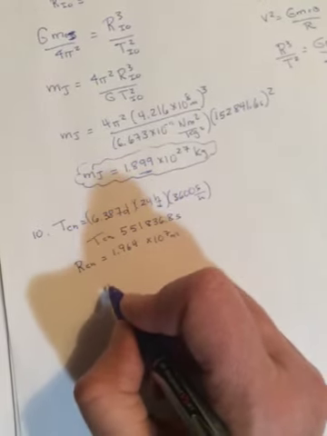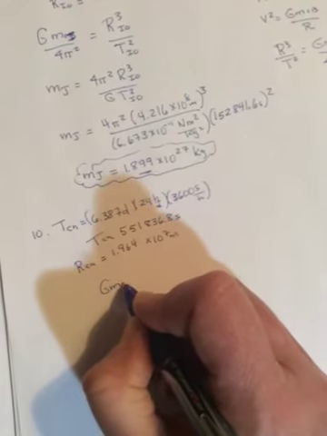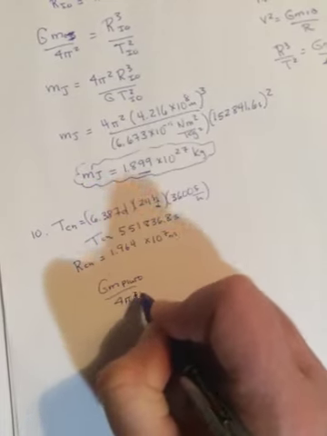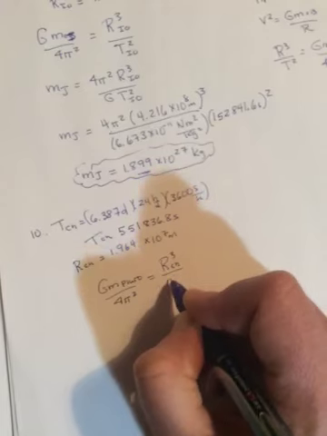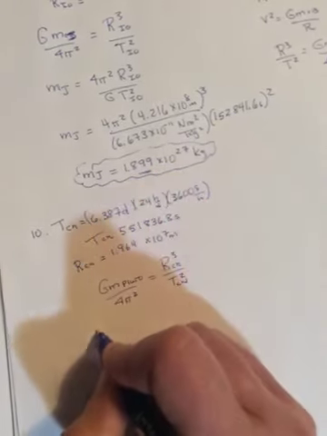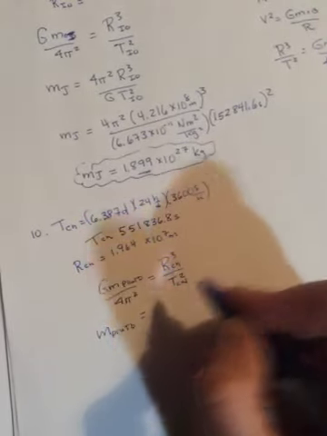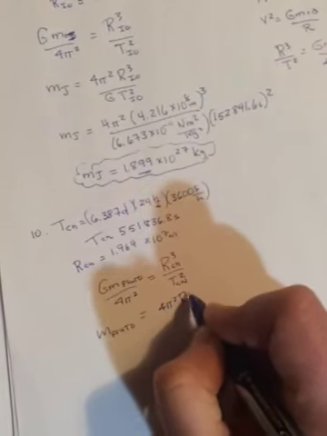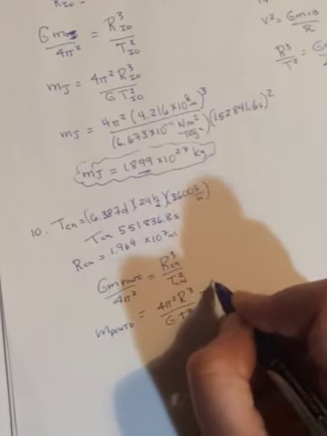So again, it's going to be Newton's version of Kepler's third law. So G, this time it's the mass of Pluto over 4 pi squared is equal to R cubed of Charon over T squared. Okay, again, rearrange: mass of Pluto. I'm writing it out so you don't think it's a planet, although I guess it is a planet. 4 pi squared R cubed over G times T squared.